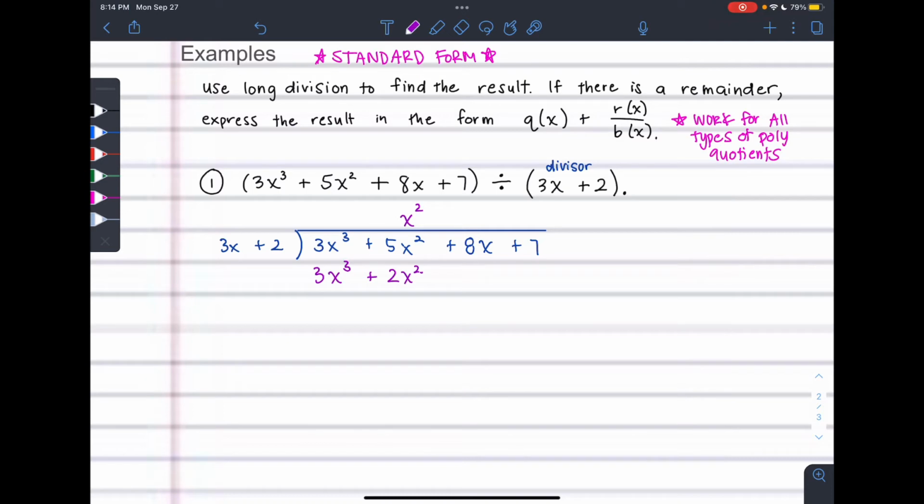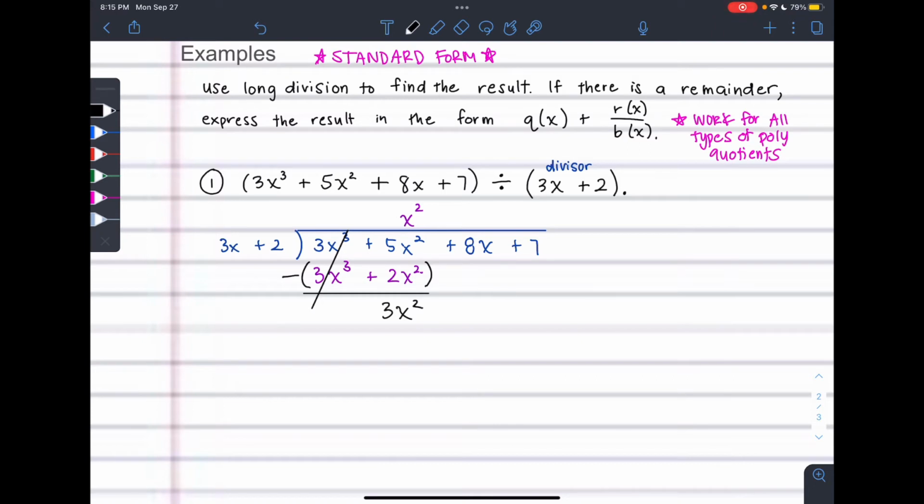Next, we're going to subtract this from the terms above. So 3x cubed minus 3x cubed, this will go away, and 5x squared minus 2x squared will give us 3x squared.